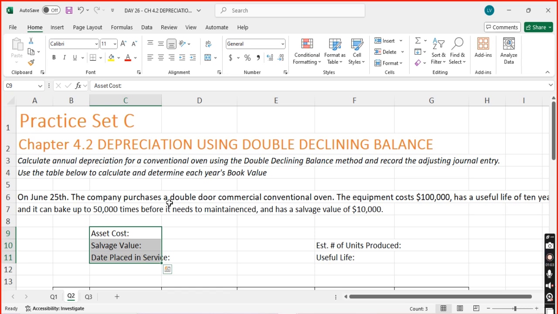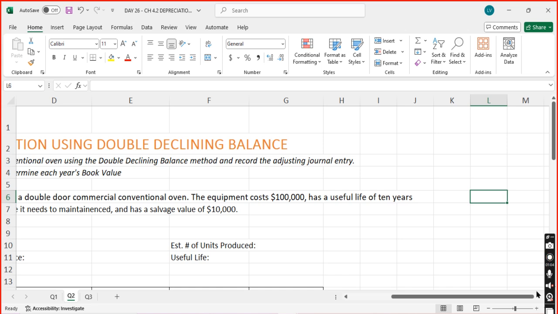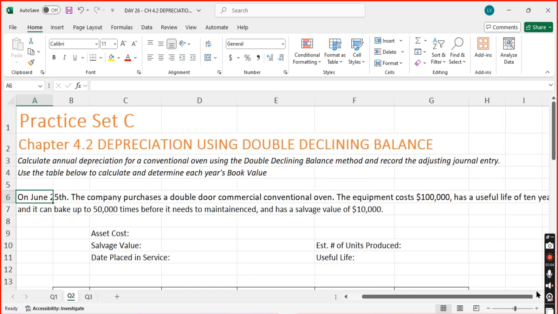So this time, it is June 25th. And the company decides to purchase a double-door commercial conventional oven, and the equipment cost you $100,000, and has a useful life of 10 years.